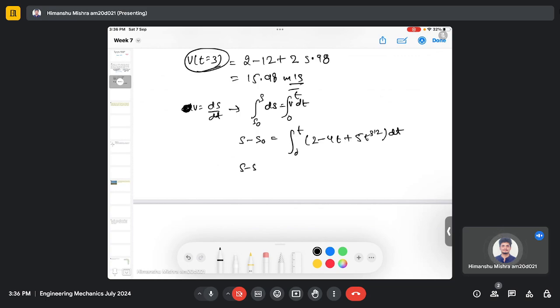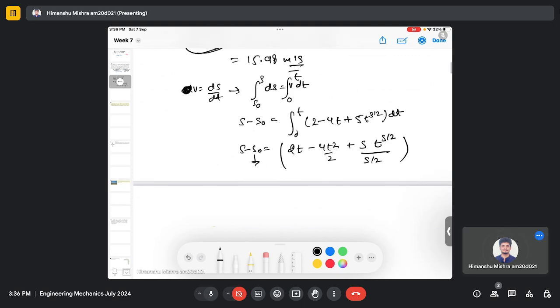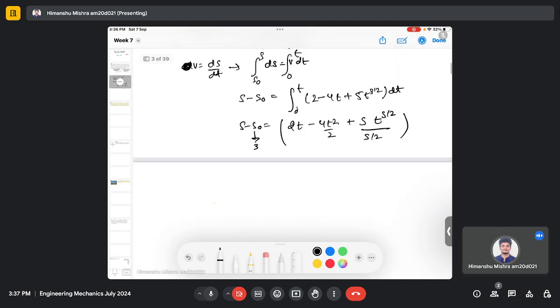So s minus s naught equals 2t minus 4t squared by 2 plus 5t to the power 5 by 2 divided by 5 by 2, and s naught is 3. So s minus 3 will be, since we need to find the position at t equals 3 seconds, we substitute t equals 3.